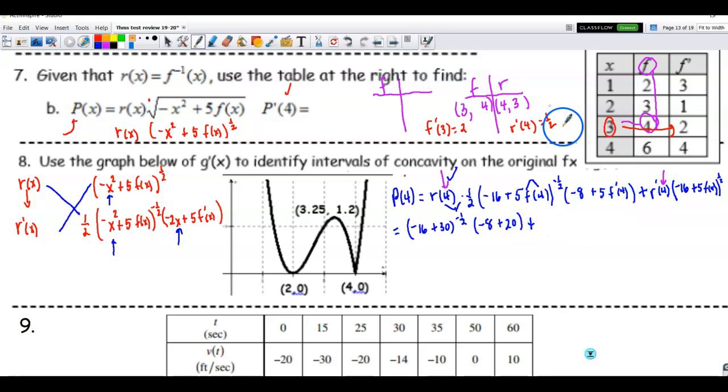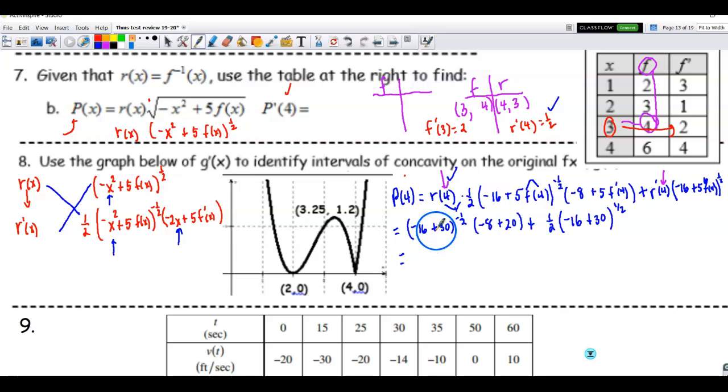Plus r prime of 4, which is right here, so that's a half, times negative 16, f of 4, again, is 6, and 5 times 6 is 30. That's raised to the 1/2 power. All right, cleaning again.